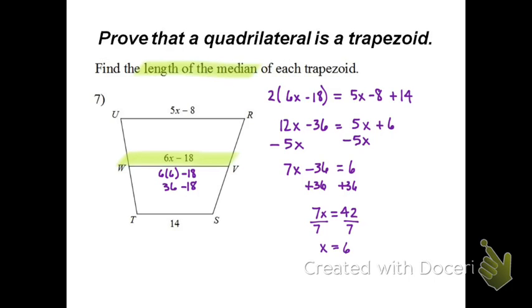Hey, guess what? We're going to come up with 18. That's WV. So here we have that WV is equal to 18. Well, my writing's not one to brag about, but we found our answer. That's always a good sign.